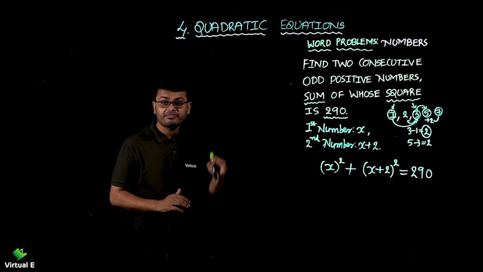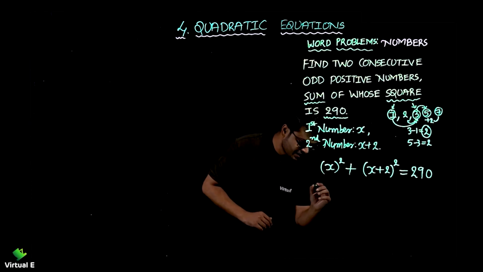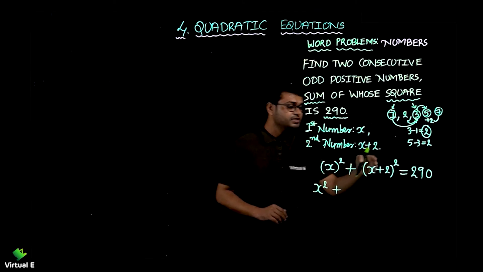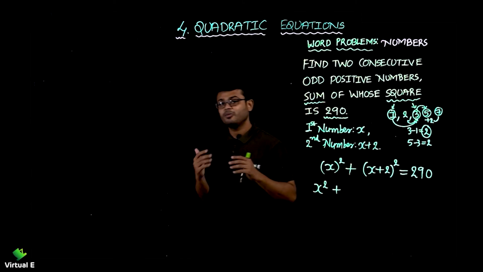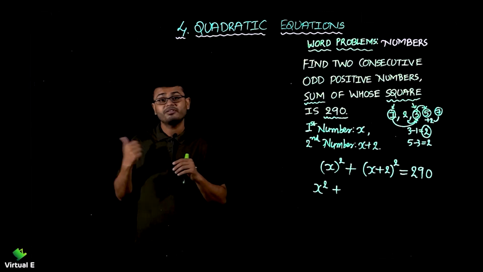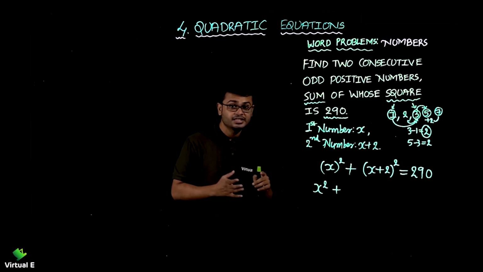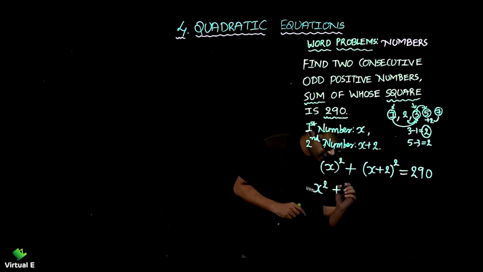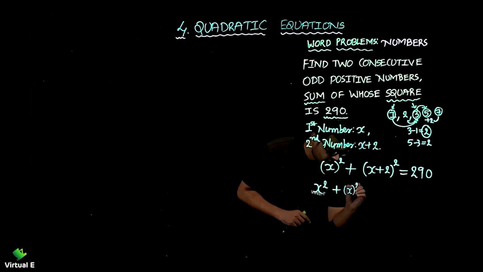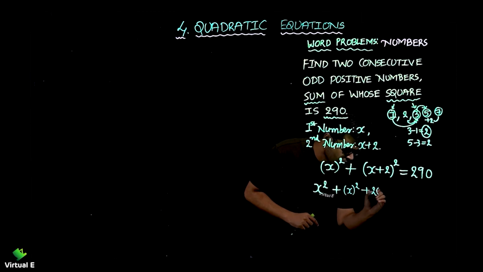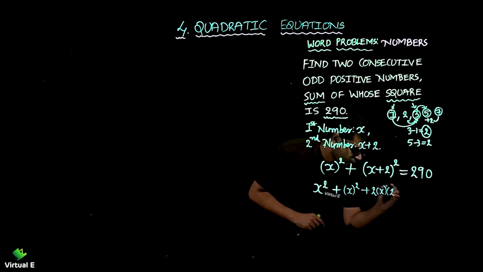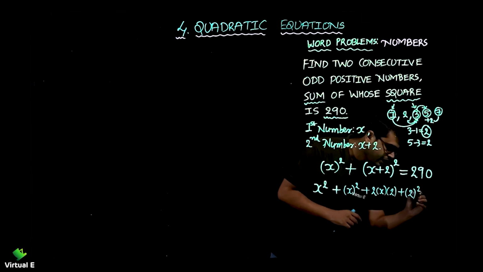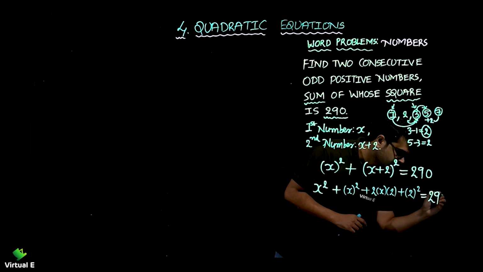Now we need to simplify this. The square of x is x square, plus x plus 2 whole square. How to do it? Remember, in the previous session we did the identities, so we use that concept. Using the identity, that will be x square plus 2 into x into 2 plus 2 square, equal to 290, as it is.